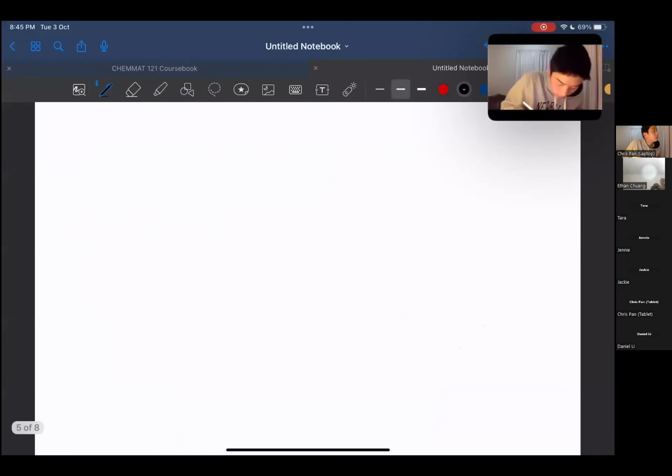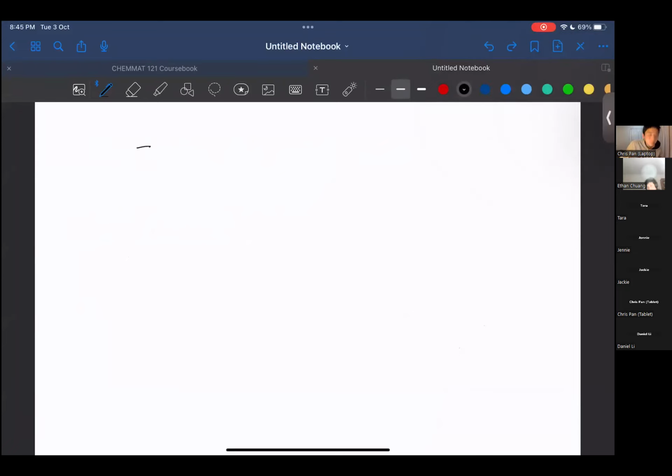So it was the fifth term. Remember we're using ascending powers of x, so we're going to start from the lowest power of x and move to the highest.